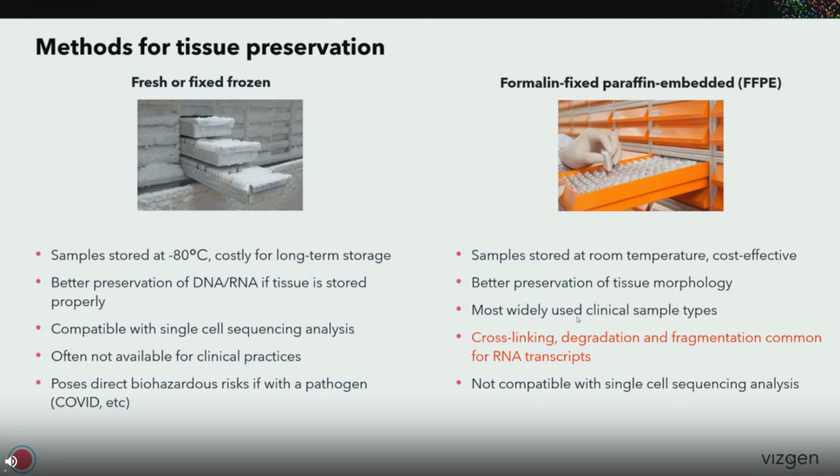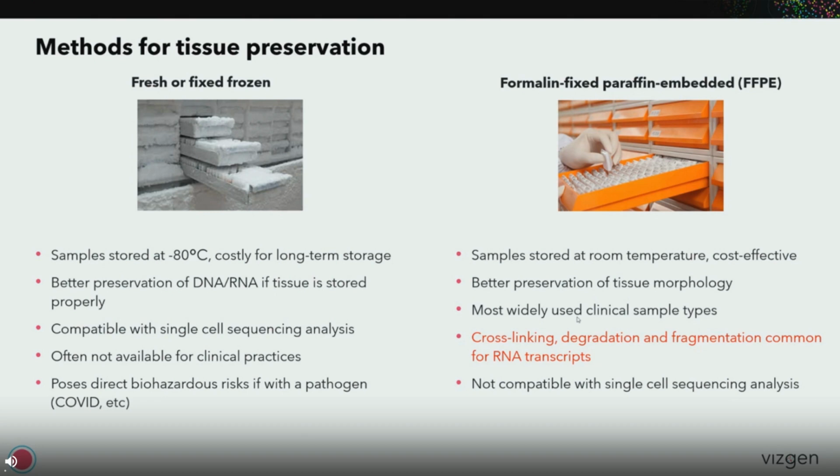And around the world, there are banks of archival FFPE samples. So if we can really unlock the use of these FFPE samples, it will enable more and more new discoveries made in biology.